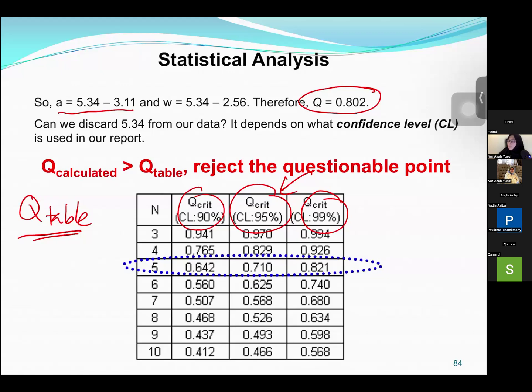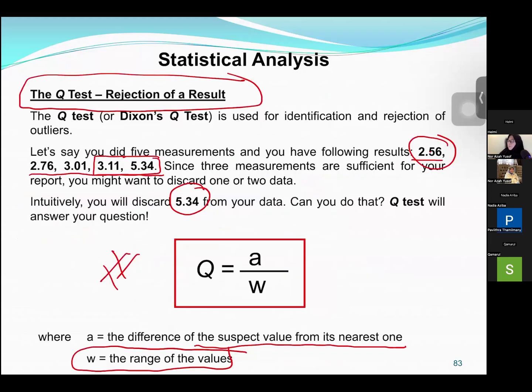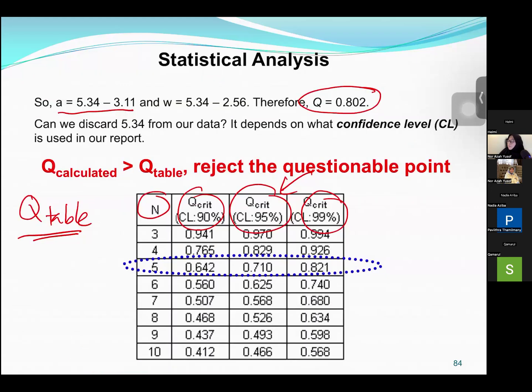And N is the number of samples, the number of data. So how many do we have? 1, 2, 3, 4, 5. So 5. So the value of Q from the table is 0.710.